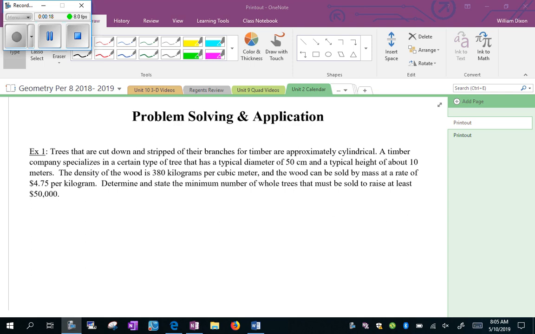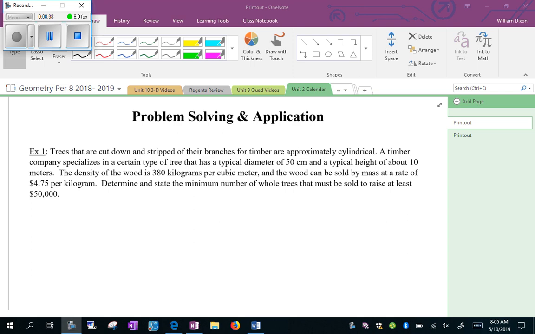It says trees are cut down and stripped of their branches for timber and are approximately cylindrical. A timber company specializes in a certain type of tree that has a typical diameter of 50 centimeters and a typical height of about 10 meters.